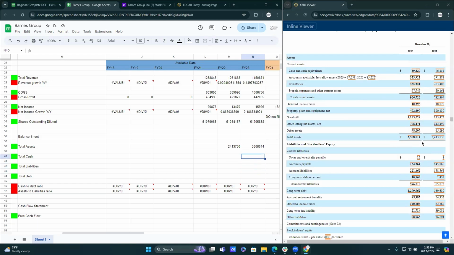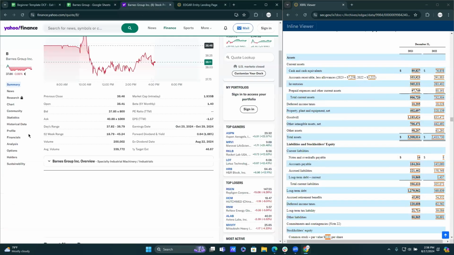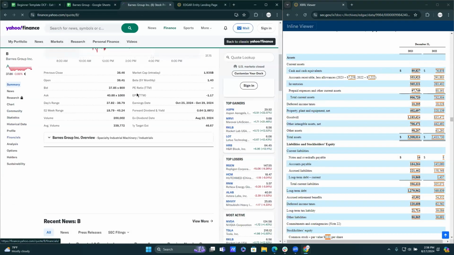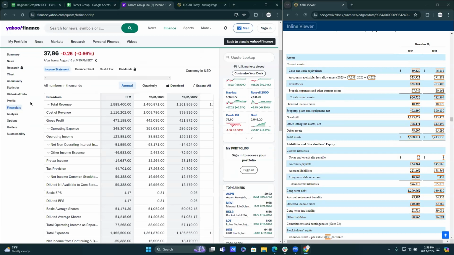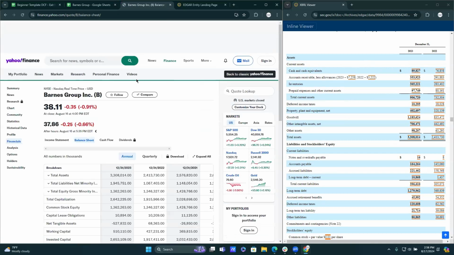All right, total cash, cash and cash equivalents. When I do total cash, what I typically do is check the SEC statement, but then I'll also check Yahoo to see what they say, because our cash isn't always just cash and cash equivalents.